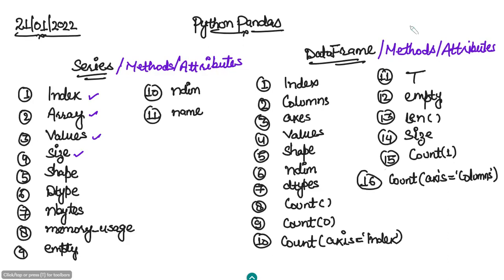Shape returns the shape of the series. We will use dtype, nbytes, memory usage, empty, ndim, and name. After that, we will come to these attributes of data frame, right? One by one. Let's go to the practical session.